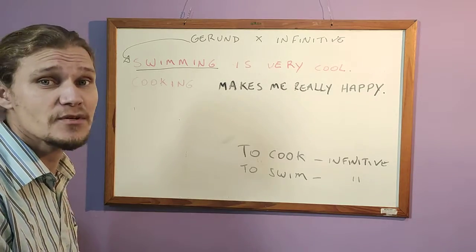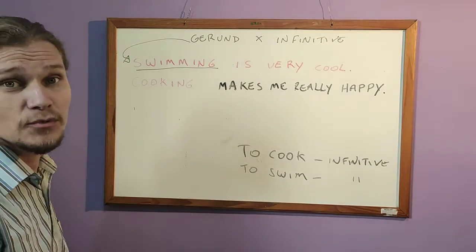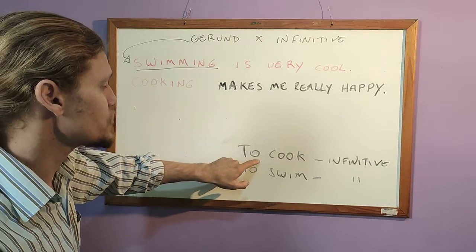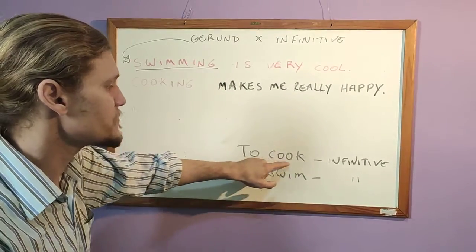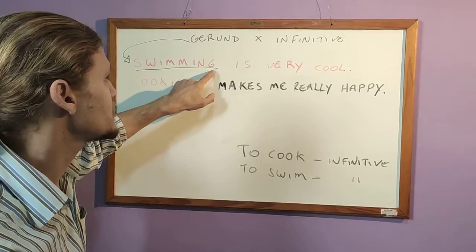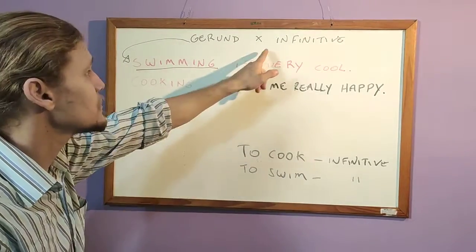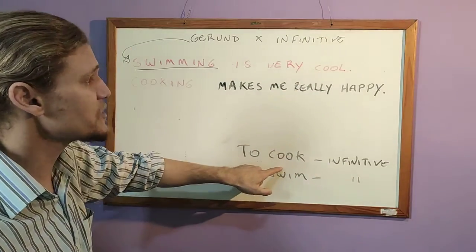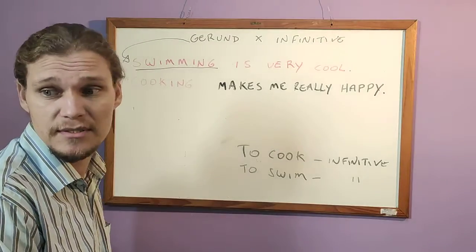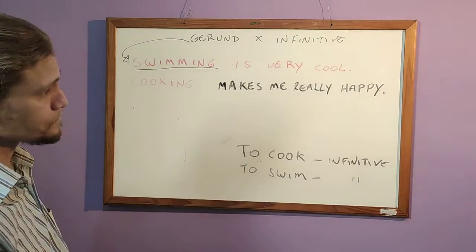No difference whatsoever. But in writing, you just have to remove the to from the infinitive form of the verb cook and add ing. And that's it. You're turning the verb from the infinitive form into the gerund form. Pretty simple, isn't it? Alright.